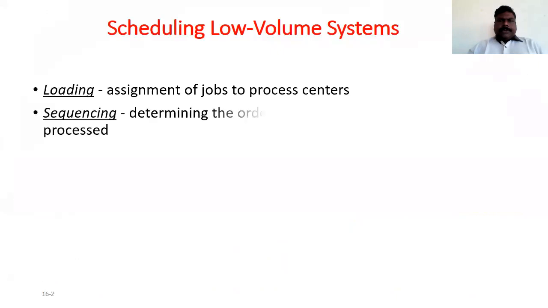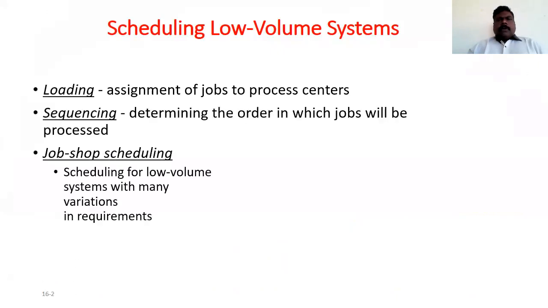Normally in scheduling, in the low volume systems, the loading and assignment of jobs to process centers will be there. After that, sequencing, determining the order in which jobs will be processed, is called sequencing. After that, job shop scheduling will be there.